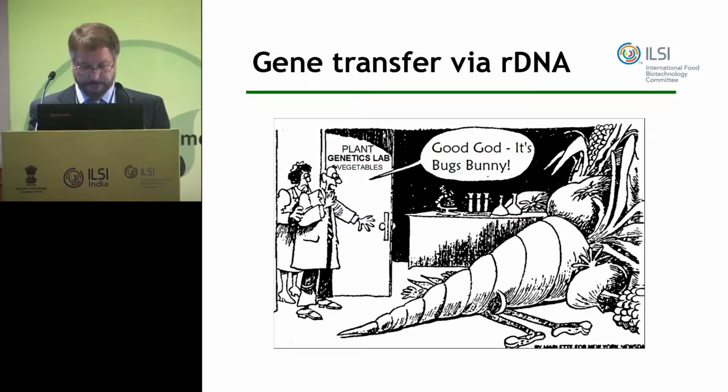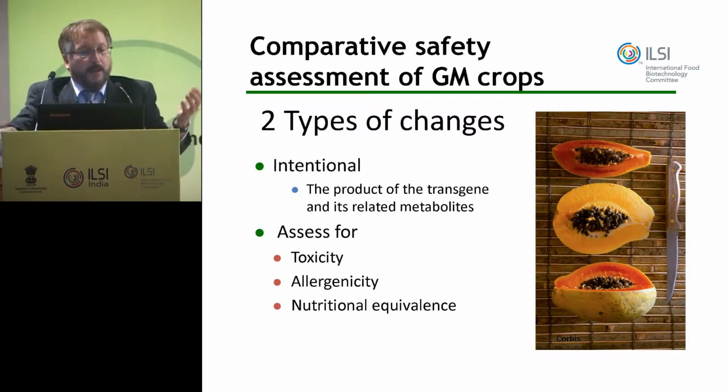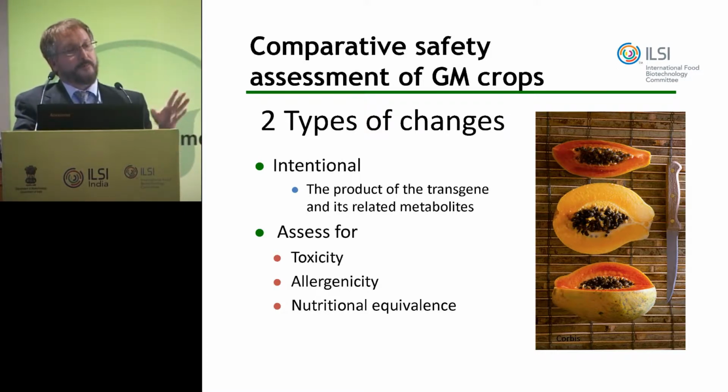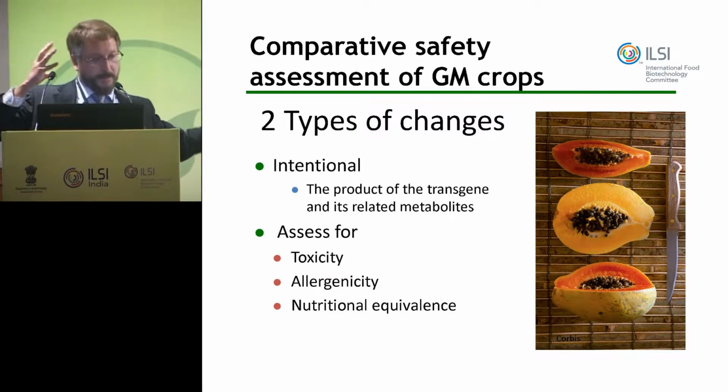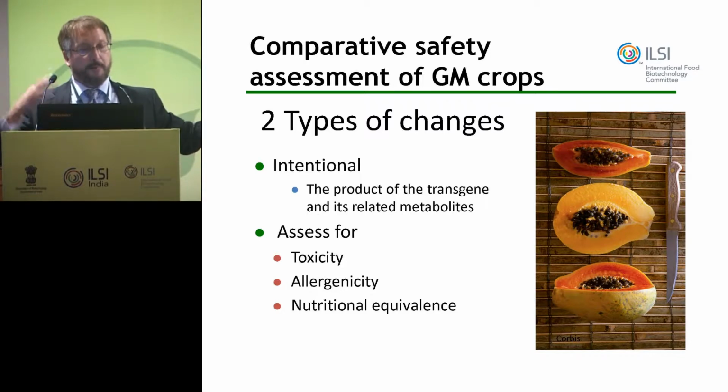So once we start using RNA or recombinant DNA to introduce traits into crops, remember the perception was this is something new and different. The perception was we're taking plants from the wild and adding genes to them.